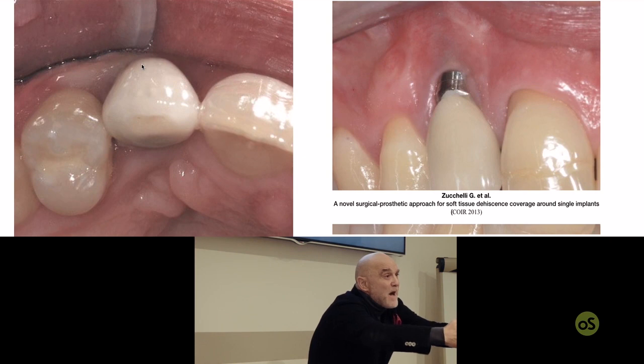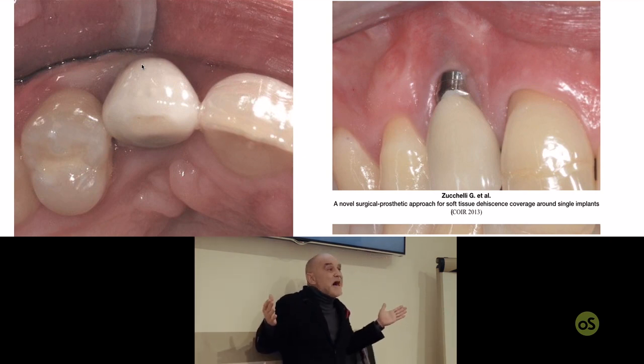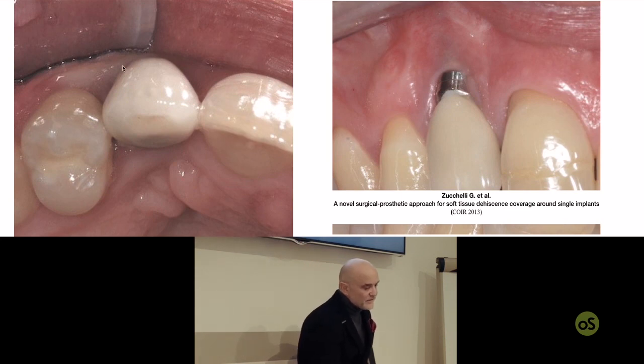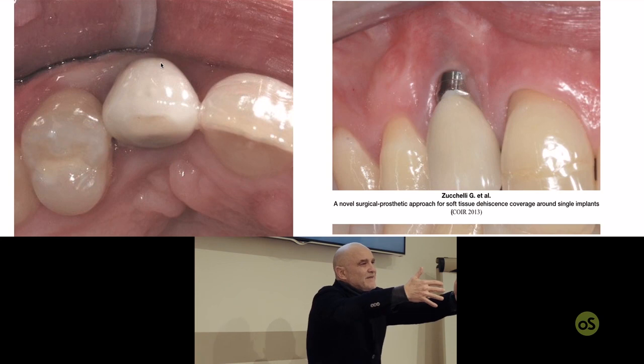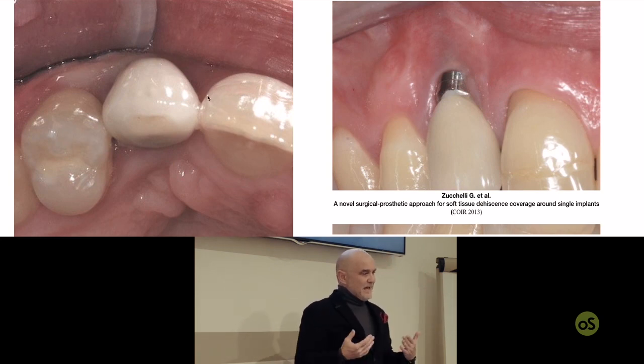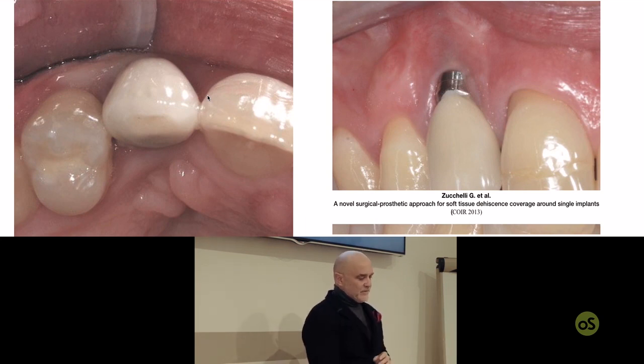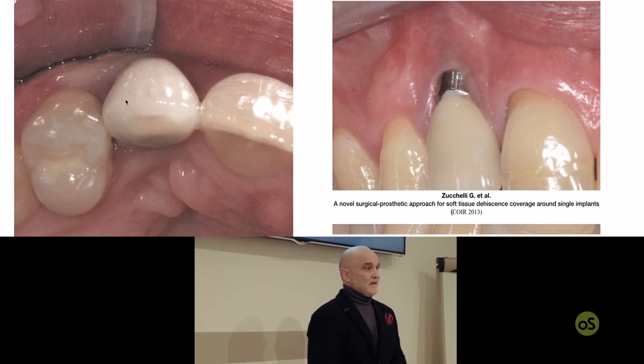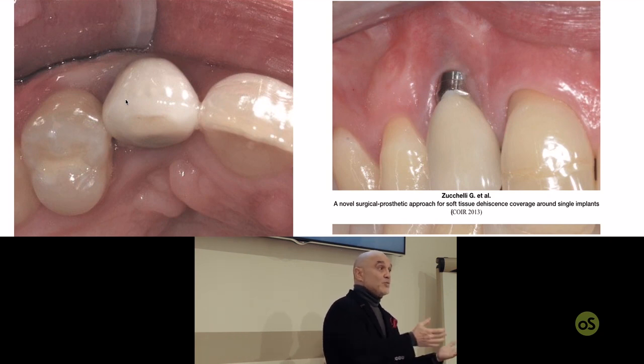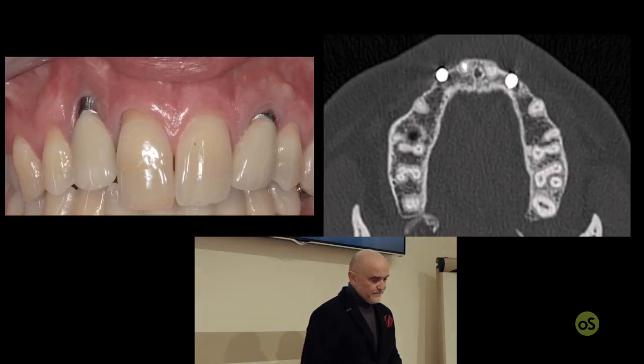And with such a buccal position of the crown, there is no way for the soft tissue to cover it, because the soft tissue that should cover the crown is so buccally displaced that the blood supply to this tissue at the level of the papilla is so palatal with respect to the area that we want to cover, and this papilla is so weak, that we cannot predictably cover the implant-supported crown in the same way we cover the natural tooth.